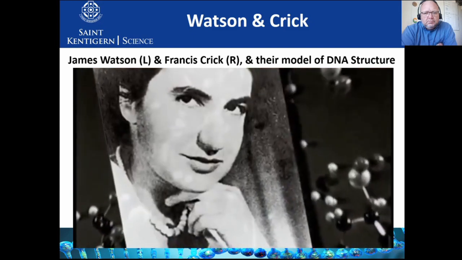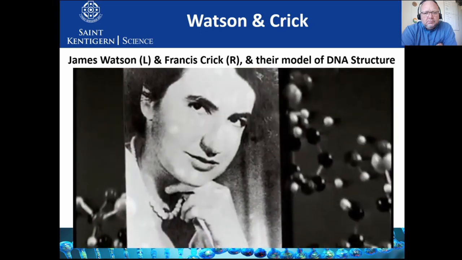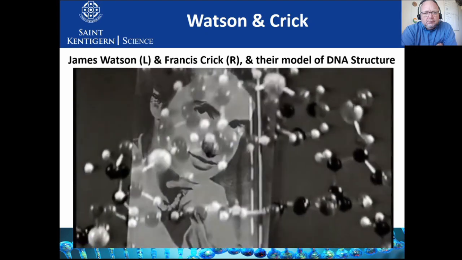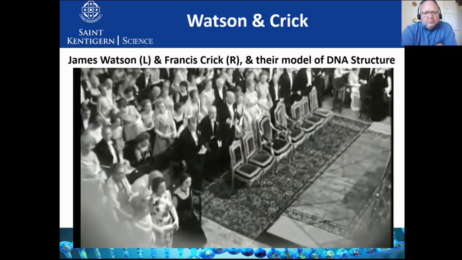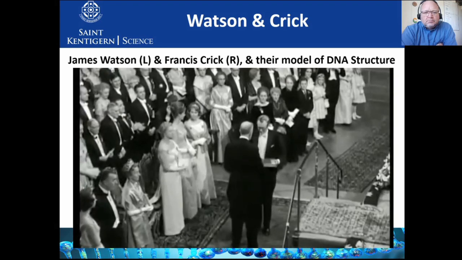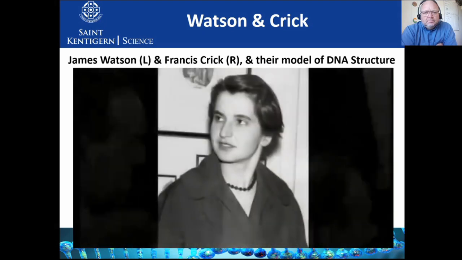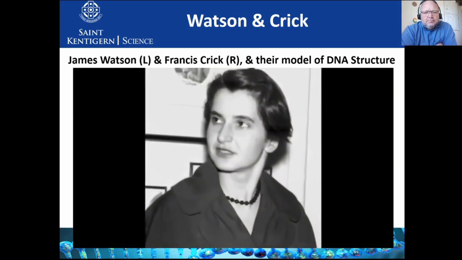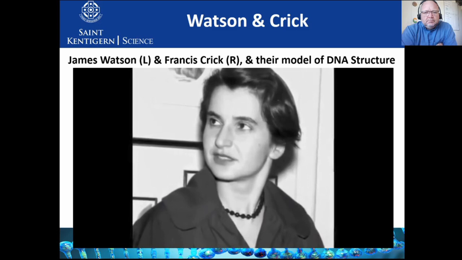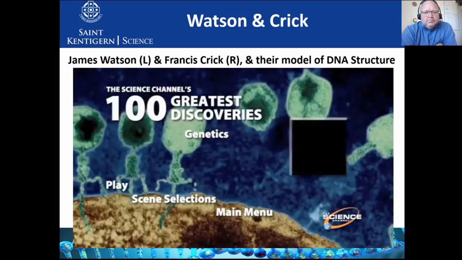And what of Wilkins' colleague, Rosalind Franklin? Despite her contribution to the discovery, she wasn't considered for the '62 prize. The rules state that it can only be awarded to a living recipient. Rosalind Franklin died in 1958 of ovarian cancer, most likely caused by exposure to X-rays.